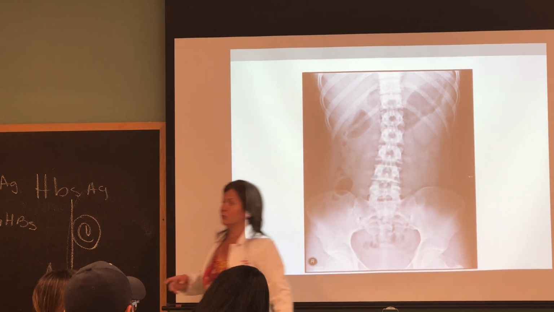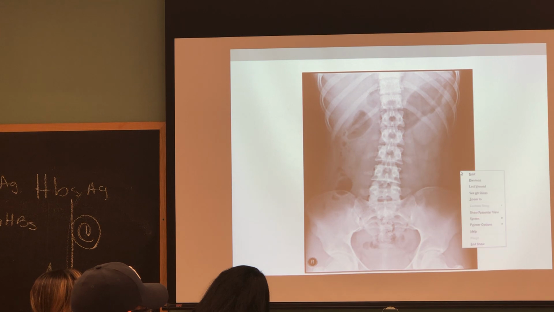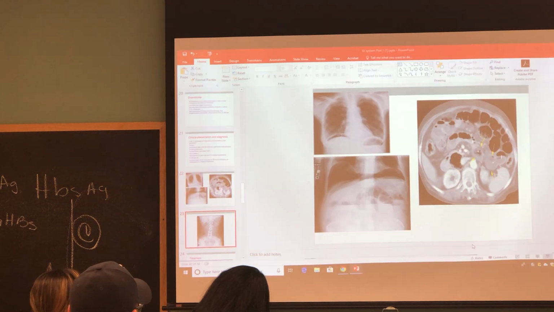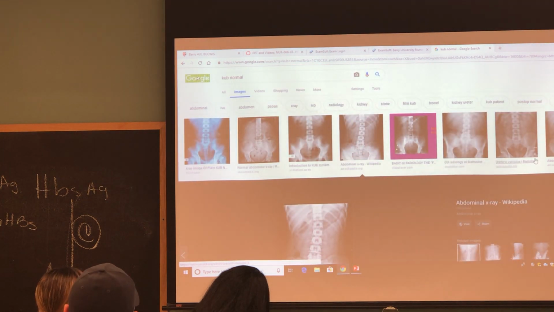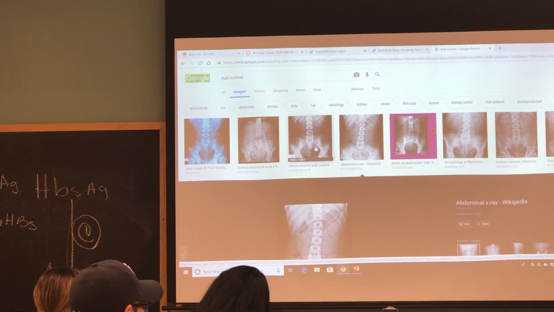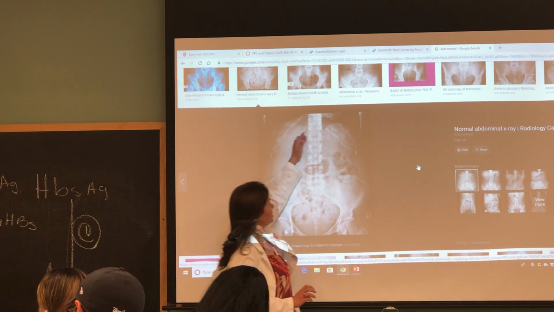Okay, I can show you more. How come you don't see the descending? I mean, it could be because it could be occupied with feces. But for example, I can see the descending right there. See, I don't see the ascending, but I see the descending.